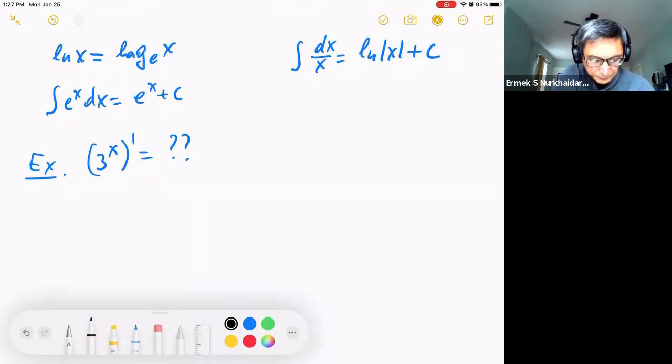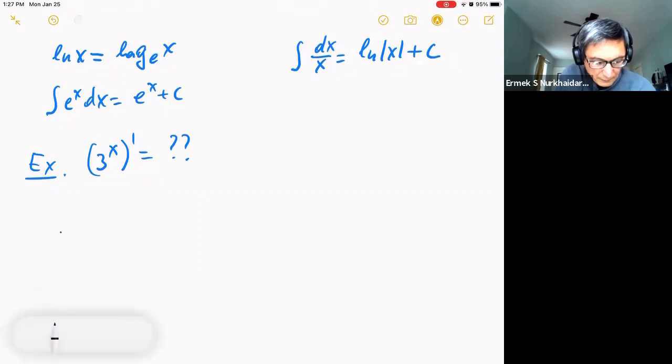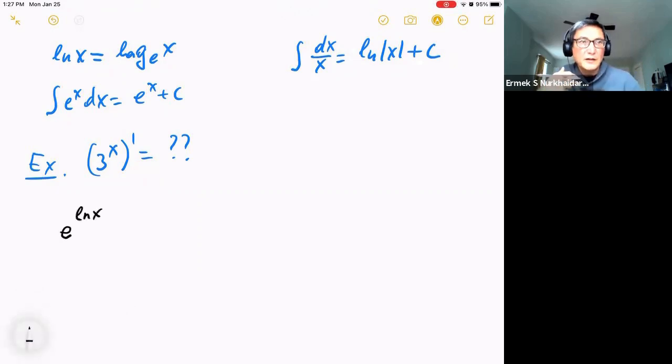So if I take e to the power ln of x, I'm taking ln and then applying the exponential function, so they cancel each other, and at the end I get just x. In particular, 3 equals e to ln of 3.